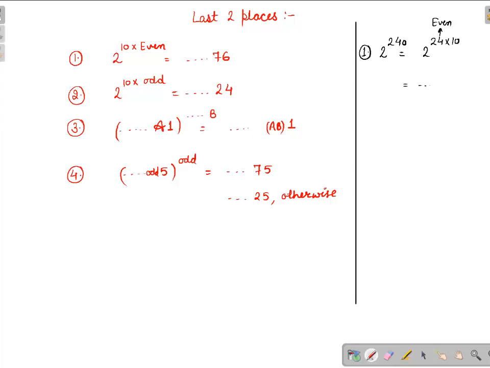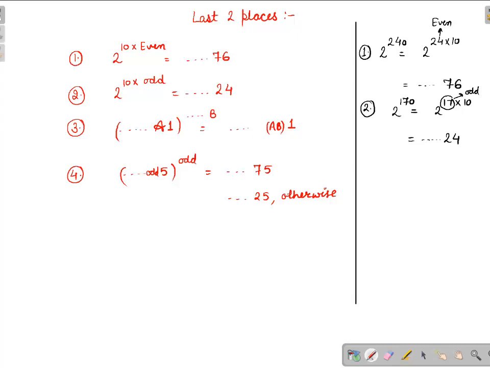So my number will end in 76. Straightaway we can do that. Now coming to the second logic, suppose my number is 2 raised to power 170 here. Of course, as you can see, 170 can be written as 17 into 10. Since this 17 is an odd number, my number will always end in 24.